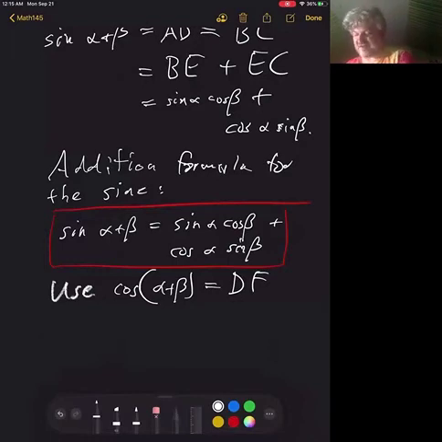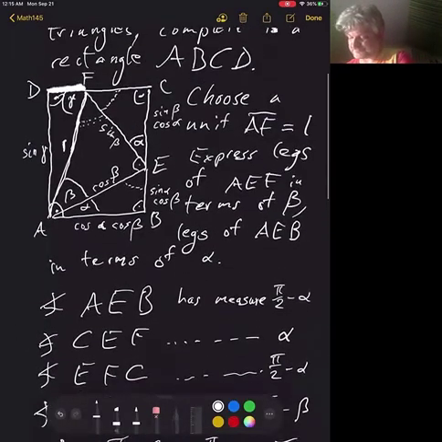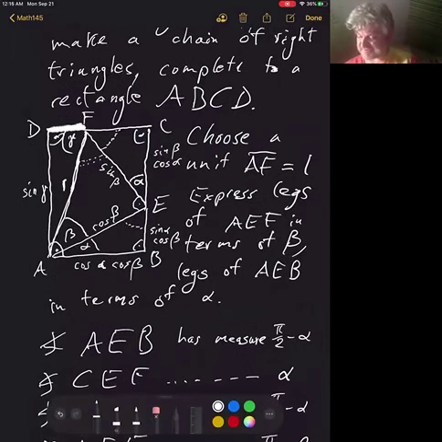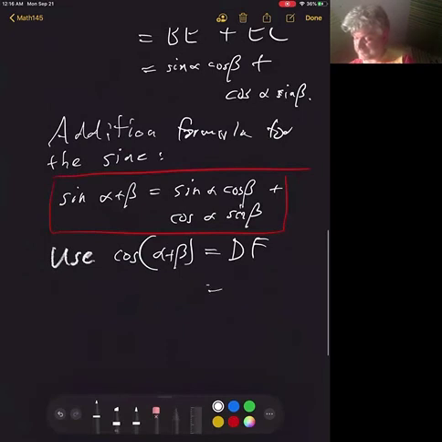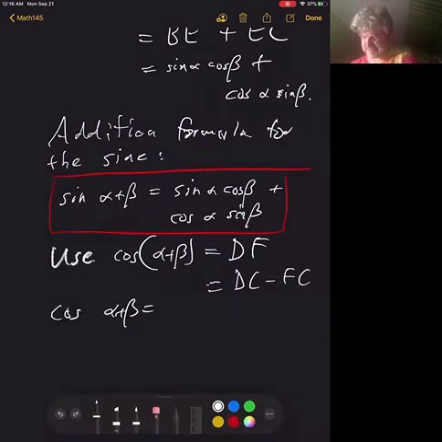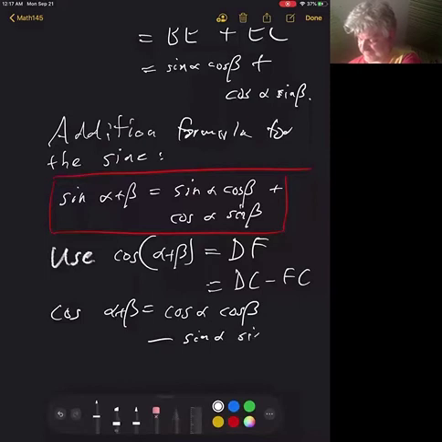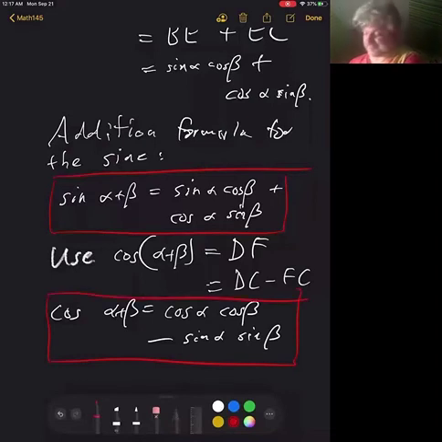And express that in terms of our trig functions, and it's of course DC minus FC, and you get the addition formula for the cosine. Cosine alpha plus beta is cosine alpha cosine beta minus sine alpha sine beta. That deserves its own red box.